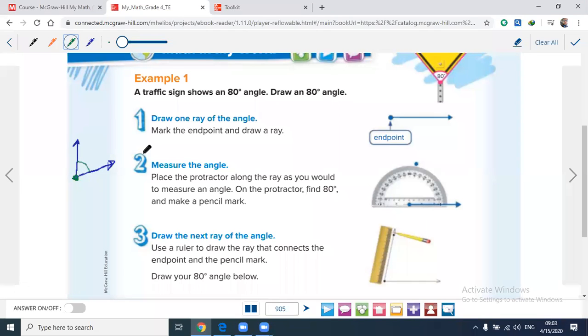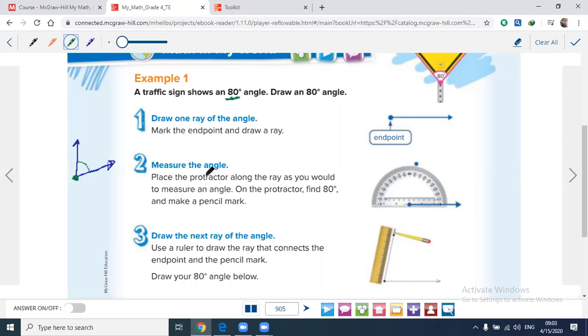So to draw an angle with a specific measure, as you see here, an angle with 80 degrees, I have to follow three steps. First one, draw one of the sides, or one ray. At the end point, this will be the vertex of the angle.